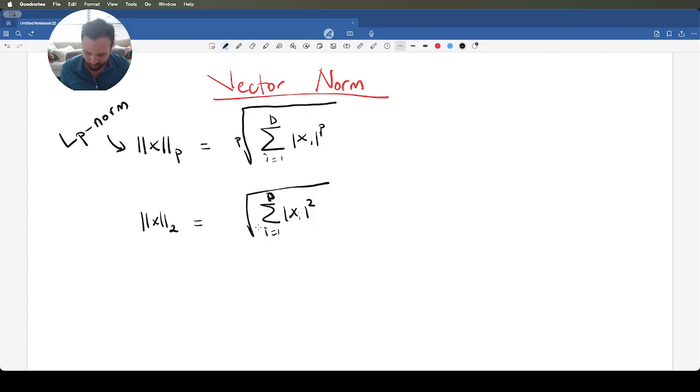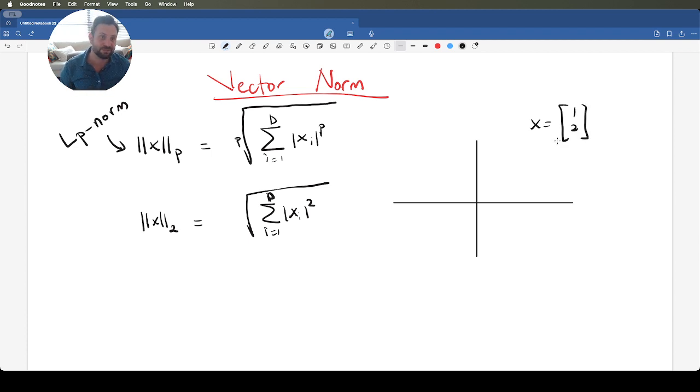So when we are talking about the L2 norm in two-dimensional space, let's say this is our axis, and let's take this vector x to be (1, 2).